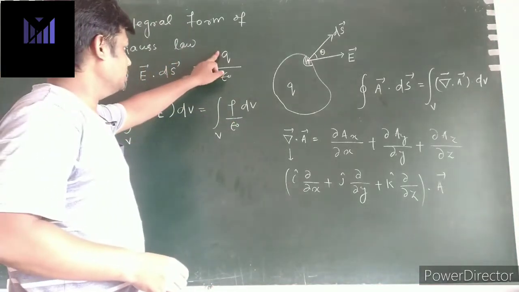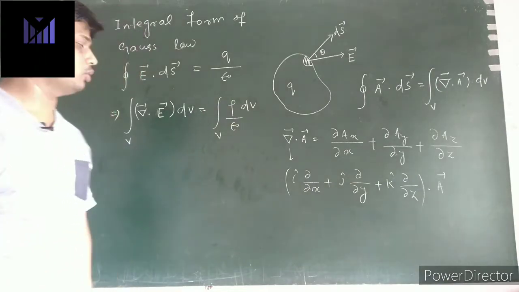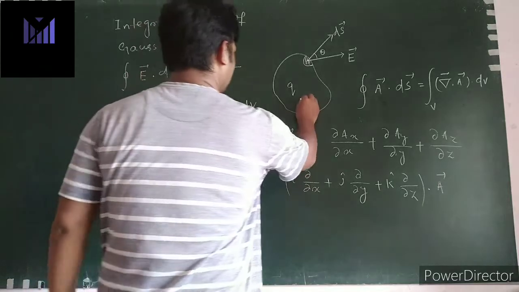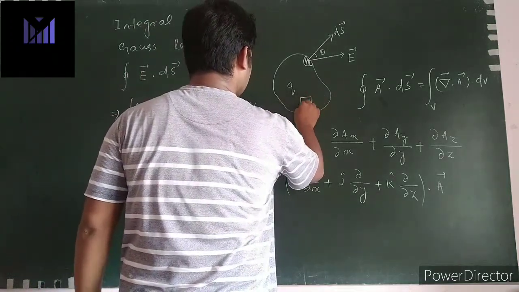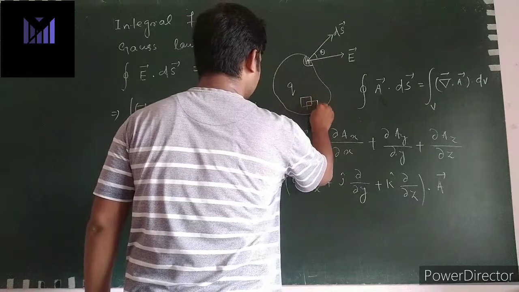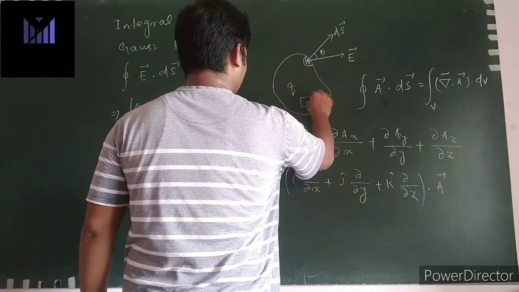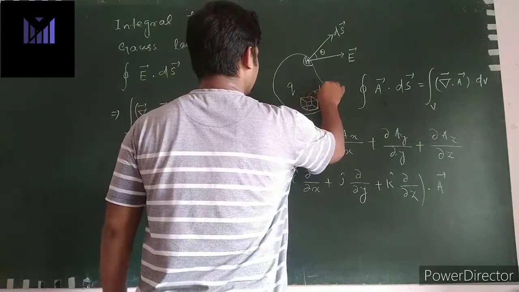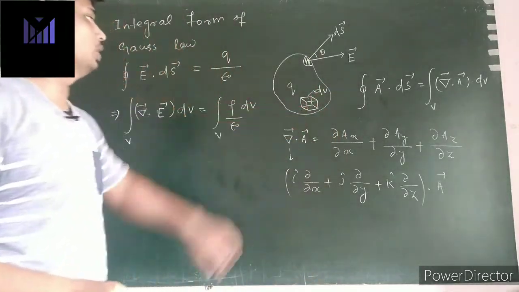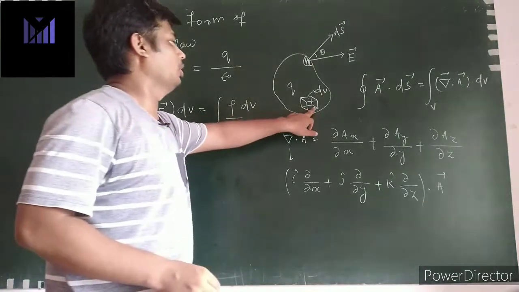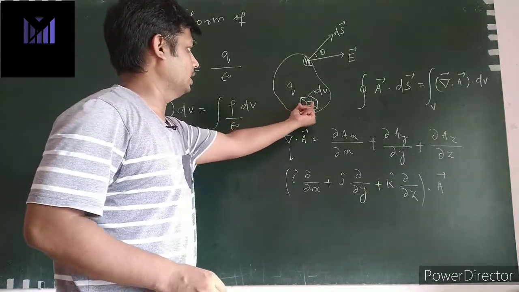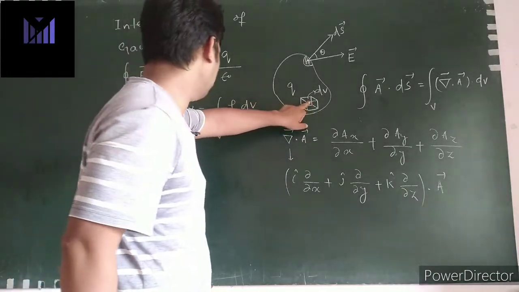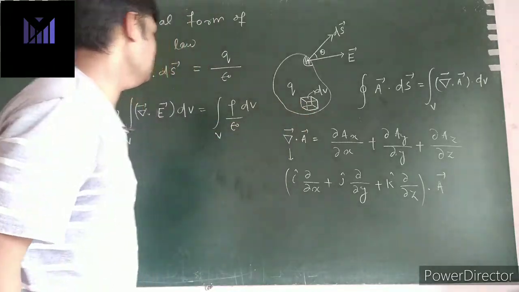Here the Q is replaced by rho dV, where rho is the charge density at a particular point. Let's say this is a very small region whose volume is dV, and at that point there is a charge density rho.